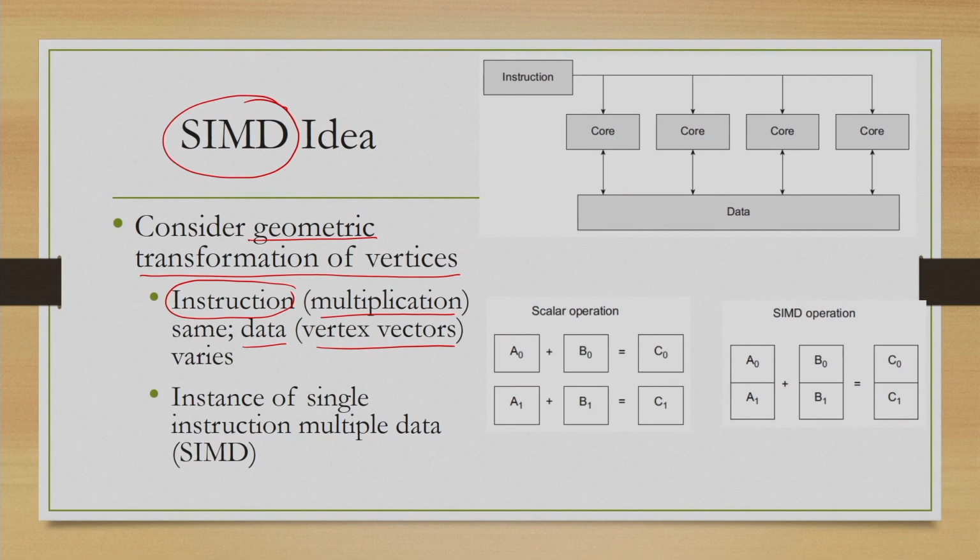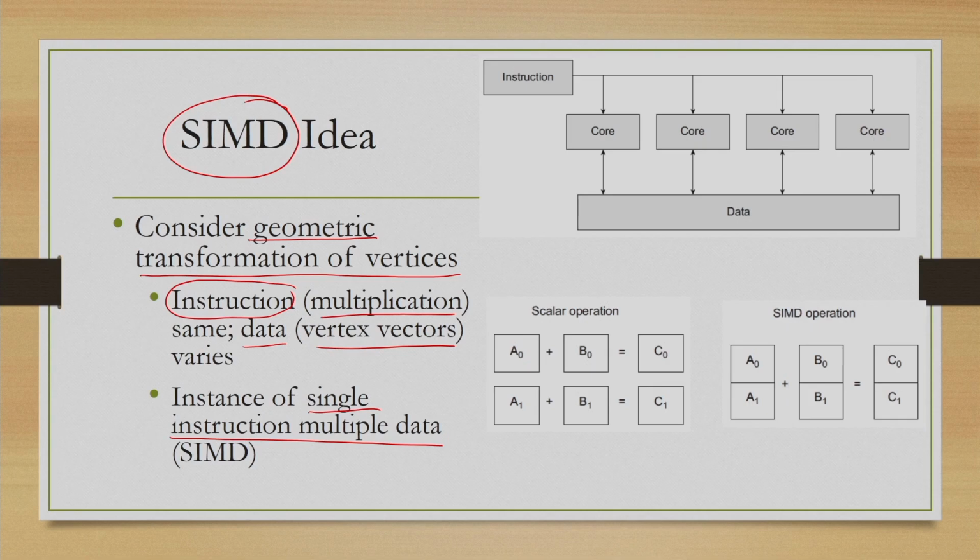So, what we are doing here is having a single instruction working on multiple data. This is the idea of SIMD or single instruction multiple data, and the GPU streaming multiprocessors are essentially examples of SIMD.